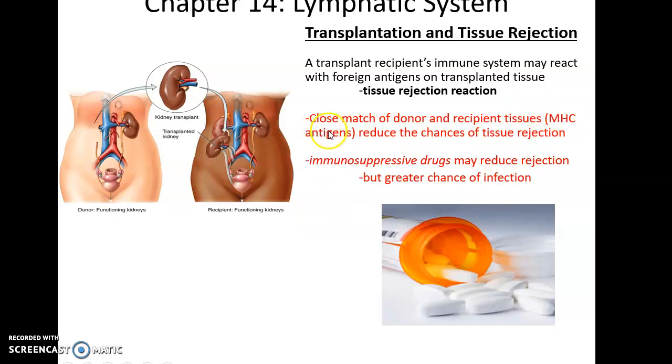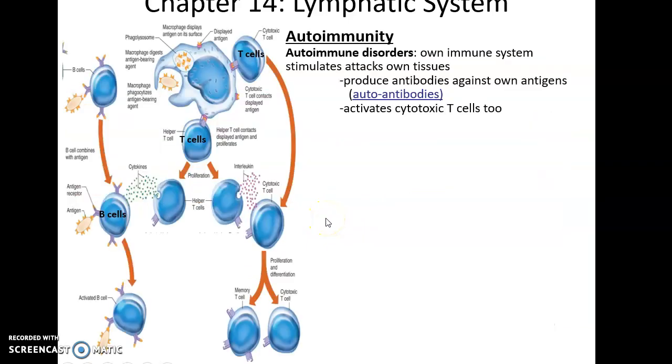Those are the ones you really want to make sure match really well. Also, transplant recipients receive immunosuppressant drugs that suppress their immune response to try to decrease the likelihood of transplant rejection, although it does make them more likely to suffer from infections from other pathogens.